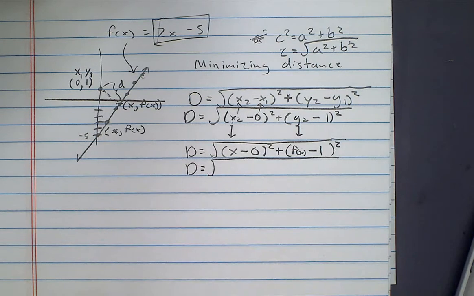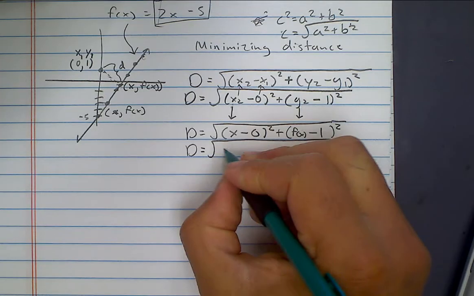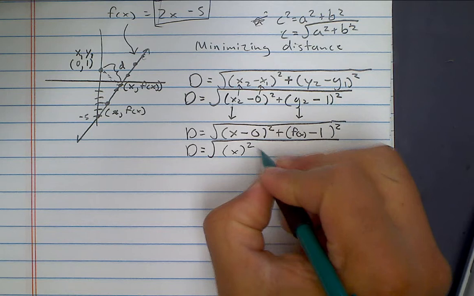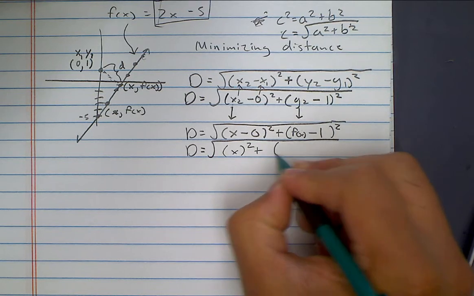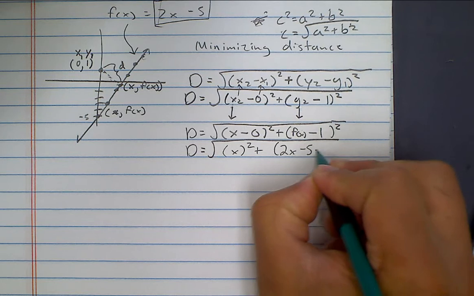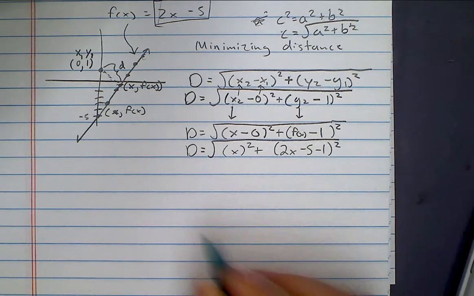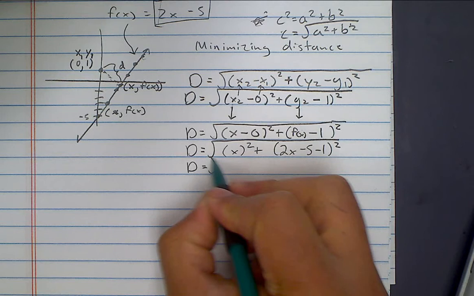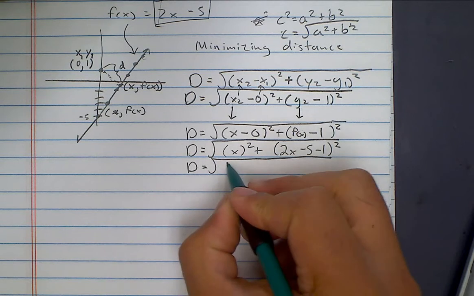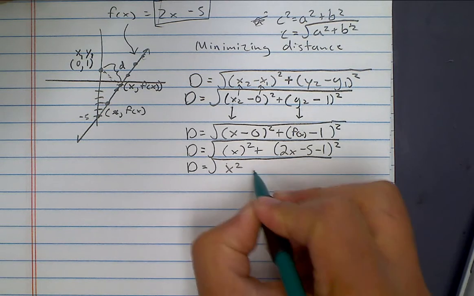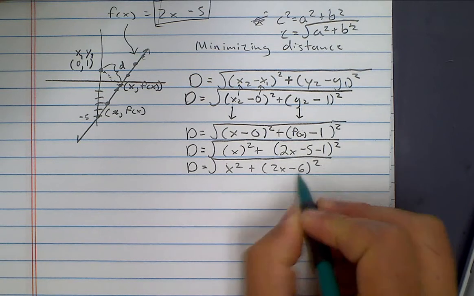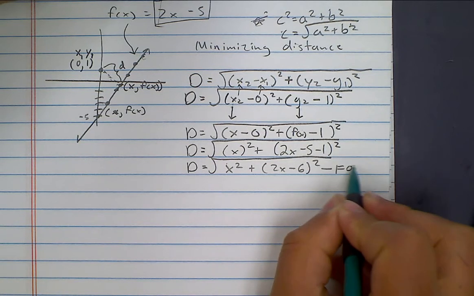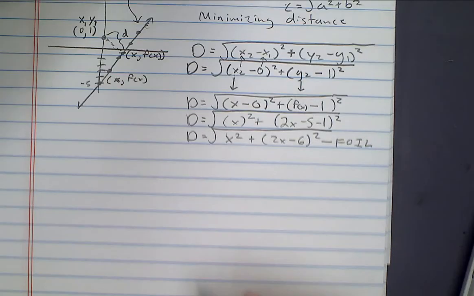So you end up with the square root of x squared plus (2x minus 5 minus 1) squared. Simplifying that yields x squared plus (2x minus 6) squared. I'm going to FOIL that because I don't want to take a derivative of something ugly.